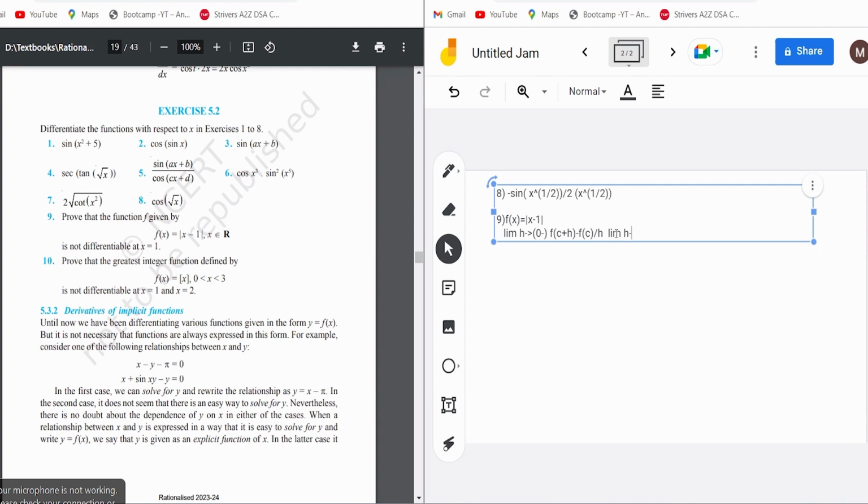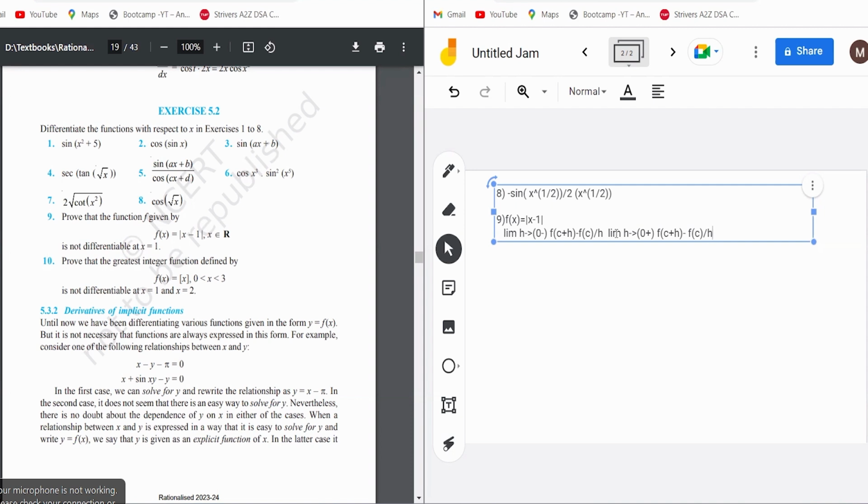So it will be limit of h tending to 0 plus f of c plus h minus f of c divided by h. Okay, so these are the two limits which we have to compute, and our function will be differentiable if and only if these two limits exist, are equal and exist finitely.